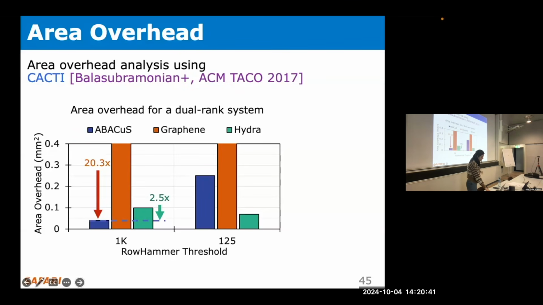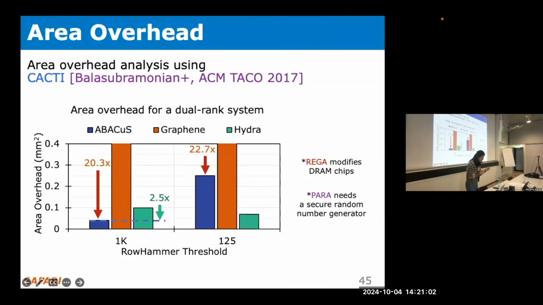And at the lowest RowHammer threshold that we tested, which is 125, Abacus takes up significantly smaller area than Graphene, but Hydra's area overhead is actually smaller than Abacus. But you know that it comes with a great performance overhead, which I showed you earlier.